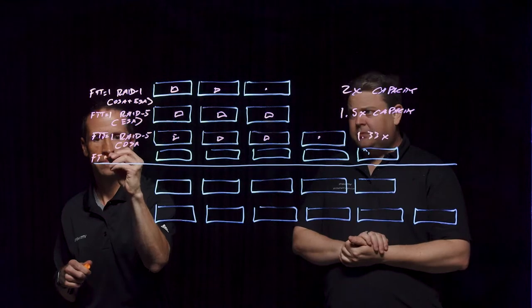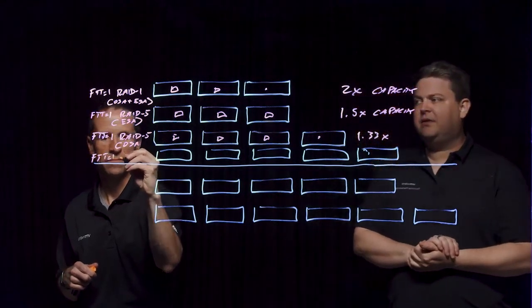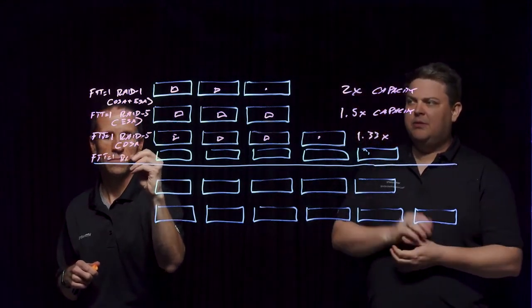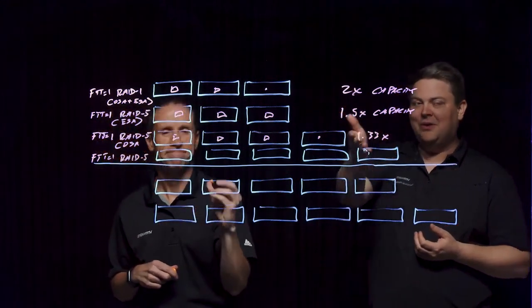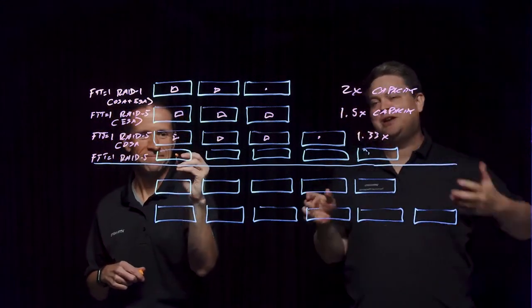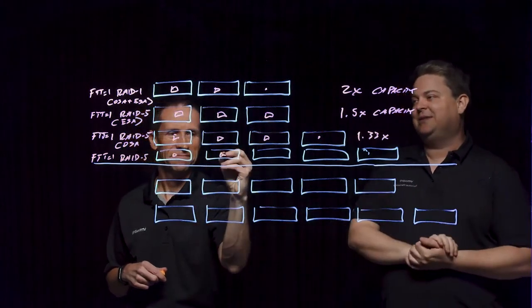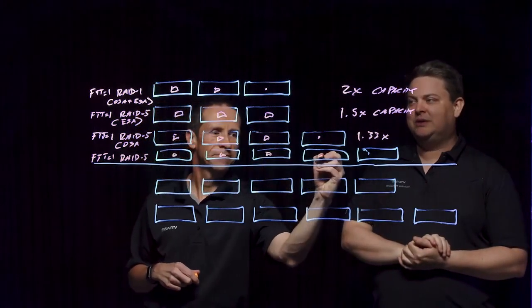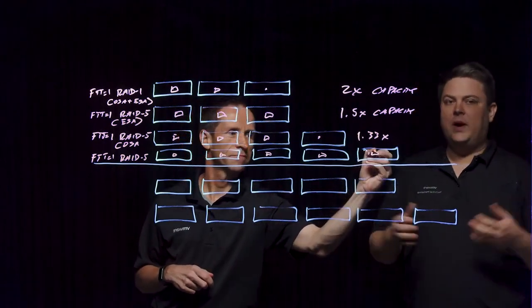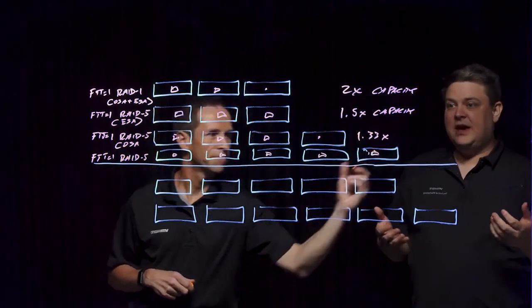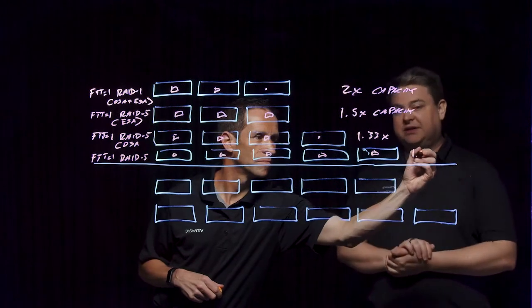Now, from a RAID 5 perspective, with the ESA, you may have looked and said, well, this is more capacity overhead than the old system. Why do we move to something less efficient? Well, we actually have a dynamic system. So as that cluster grows and you add enough hosts, we actually have a 4+1 design. And this actually has a 1.25x capacity overhead.